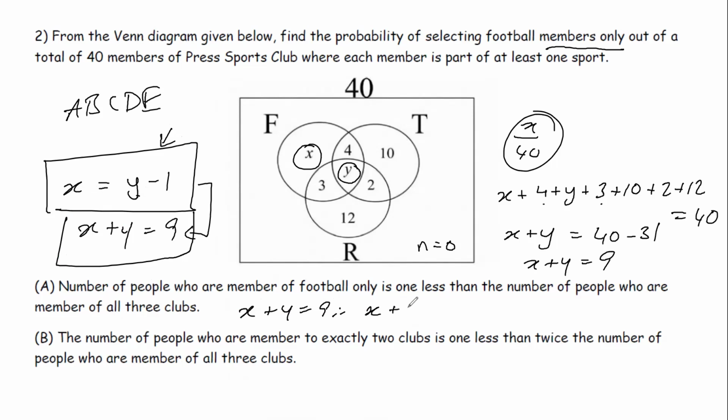So X plus X plus 1 is equal to 9, 2X is equal to 8, X is equal to 4. So we know X is 4, and we got our answer: 4 upon 40 is 1/10, which is 10%. Correct? And therefore Y is 5.